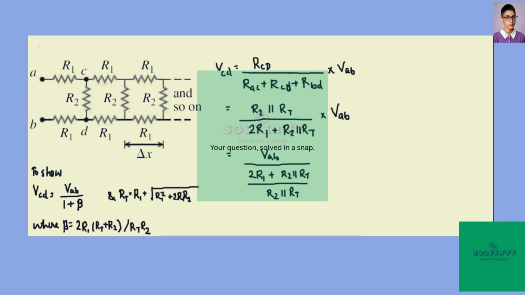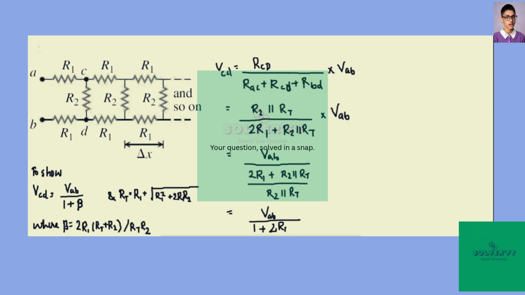So from this, the second term in the denominator turns out to be 1 plus twice R1 upon R2 parallel RT. Now what is R2 parallel RT?